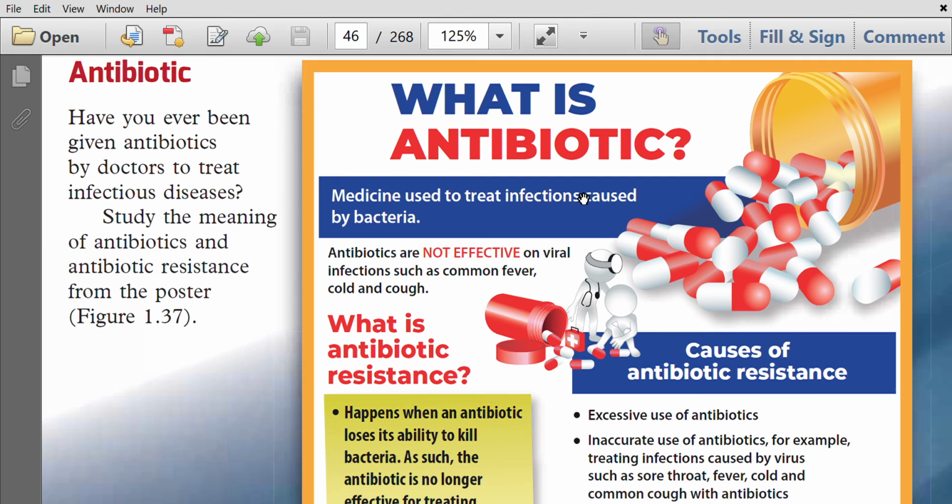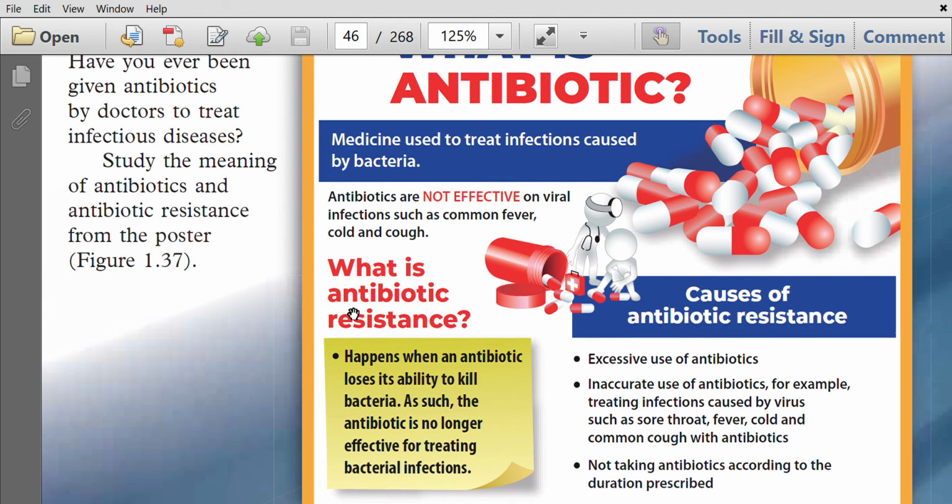Antibiotic is a medicine used to treat infections caused by bacteria. It is not effective on viral infection such as common fever, cold, and cough. So antibiotic is not being used to treat COVID-19. It is only effective on bacteria.